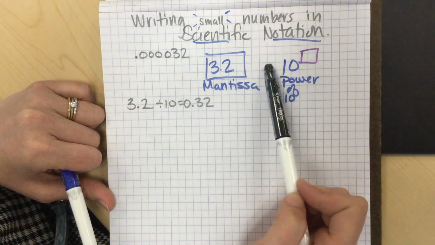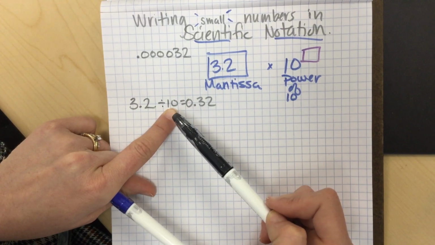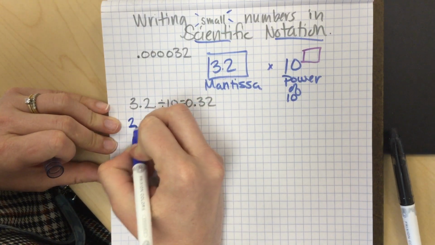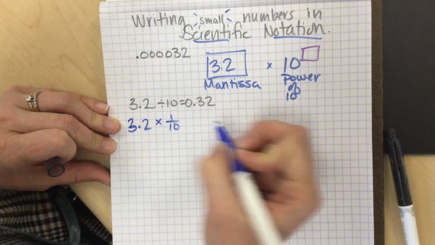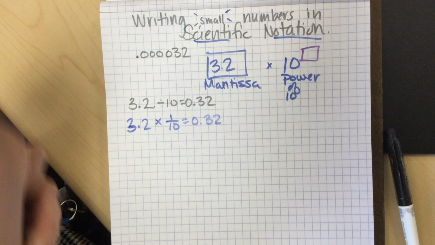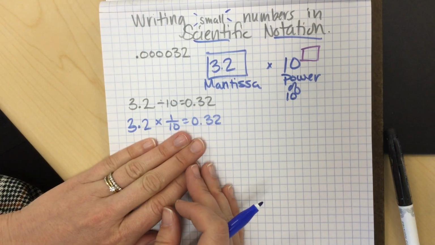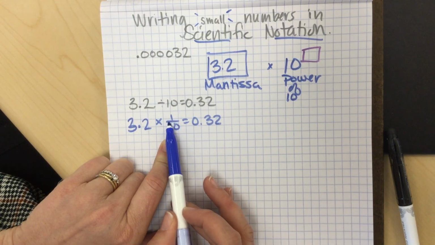Dividing a number by 10 is the same thing as taking 3.2 and multiplying it by 1/10. I get the same thing dividing by 10 or multiplying by 1/10. So now this is going to help me some because I can see that it is 1 over 10 to the first power.